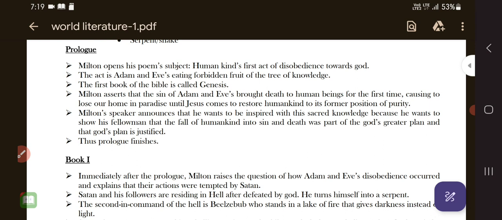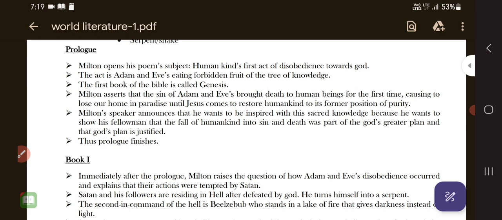The person who has sinned is going to die. That is the greatest plan of God, so that must be justified. This is a statement made by the speaker, who is Milton. Thus, the prologue finishes.